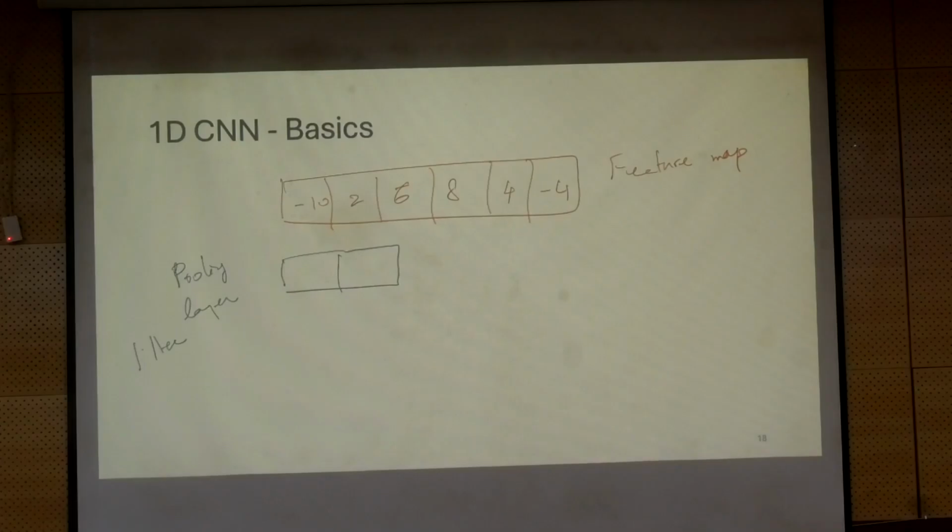And what it does is, it will try to identify the maximum value of the 2 samples that are covered by this filter. So in this example, we have the 2 samples to be -10 and 2. The maximum of these 2 is 2. Right?